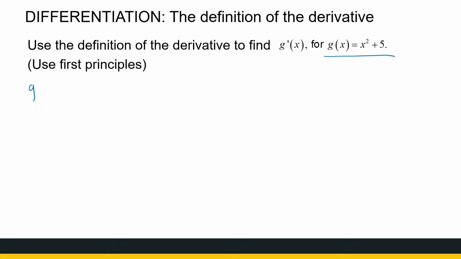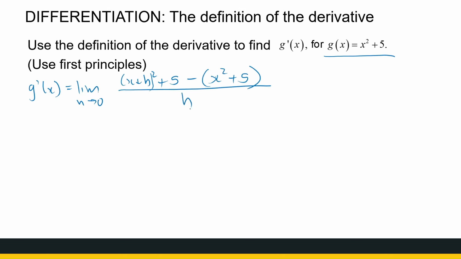So if I use this definition, then the derivative of g of x is the limit as h approaches 0 of g of x plus h, meaning x plus h squared plus 5, minus g of x, always put it in brackets, x squared plus 5, especially if there's more than one term, divided by h.